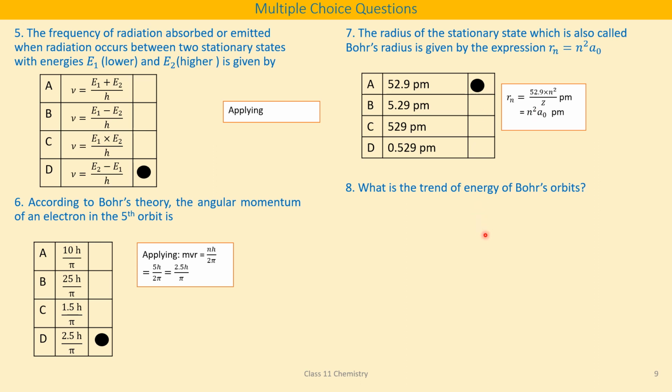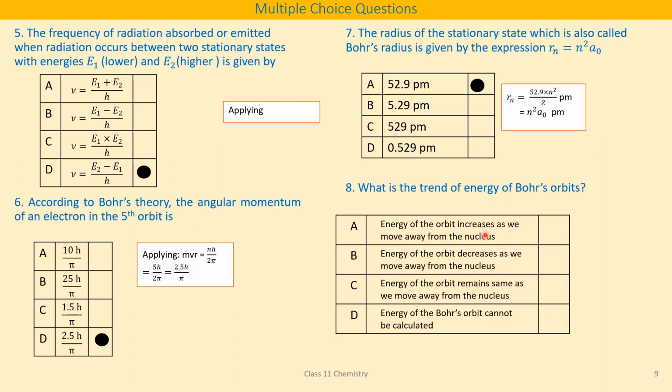Next question. What is the trend of energy of Bohr's orbits? Option A, energy of the orbit increases as we move away from the nucleus. Option B, energy of the orbit decreases as we move away from the nucleus.